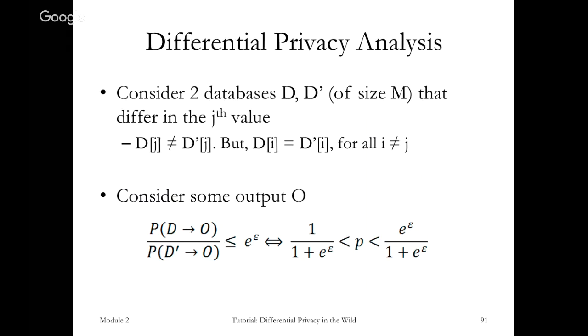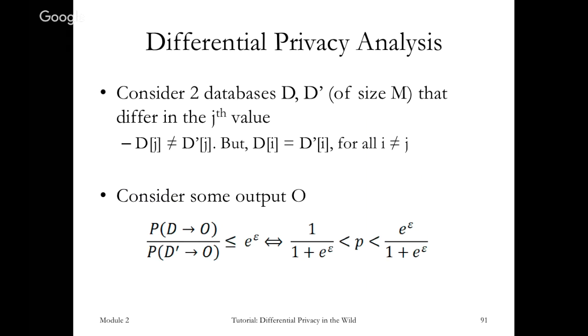One way to think about it is, if you think about this collection of records, if I wanted to change one of those records from, say, yes to no, and then I want to know what's the probability of a particular output, so a particular configuration of yes-no answers. Well, I consider the probability of that output given the original database, and then the probability of that output given the database where I modify one person's answer, so that's what D prime is.